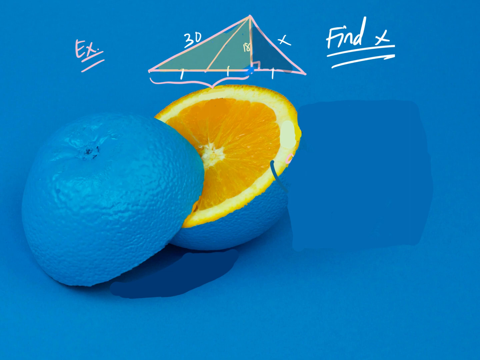We know it's a right triangle because this segment is perpendicular to the bottom segment, which means it meets at right angles. So we've got our right triangle here on the left. And we can use the Pythagorean theorem and say the square of the longest side, the hypotenuse, will equal the sum of the squares of the shortest sides, which are 18 and one we don't know. Let's call this one x.